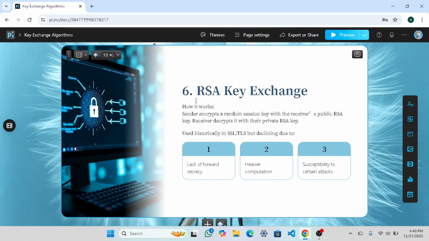Next, an RSA algorithm overview and how it works: the sender encrypts a random session key with the receiver's public RSA key. It was used historically in SSL/TLS, but declined for the main reasons of lack of forward secrecy, heavier computation, and susceptibility to certain attacks.